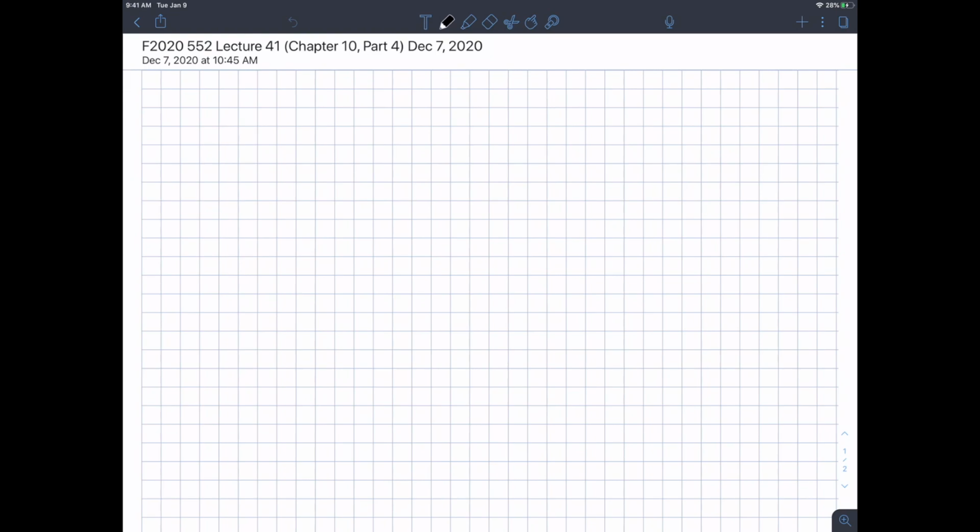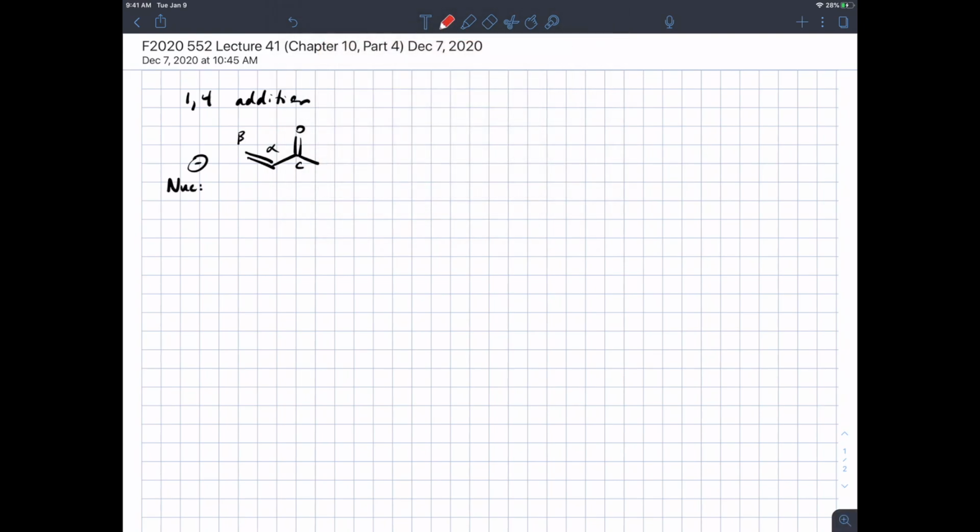I wanted to backtrack just a little bit and say one more thing about carbonyl chemistry. The one thing we didn't really get to was 1,4 addition. This is where you have a nucleophile attack the beta carbon of an alpha beta unsaturated carbonyl compound.